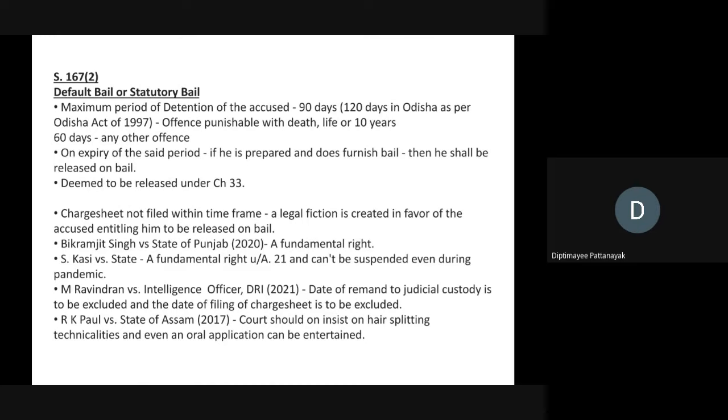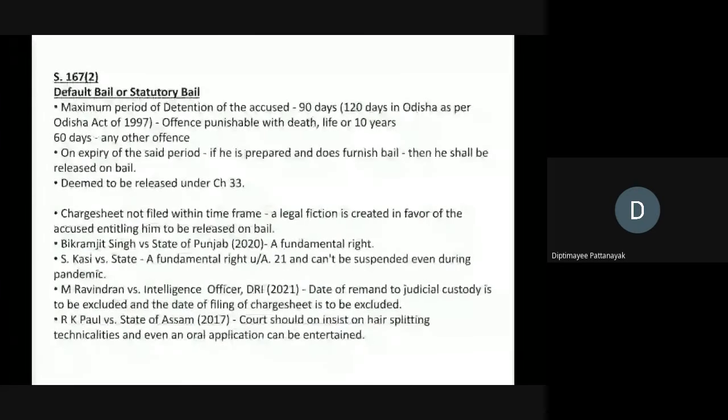One important question that always comes up while discussing section 167(2) is whether it is actually a statutory right or a fundamental right. If it is a statutory right, then it can be suspended during an emergency, or during the ongoing COVID pandemic, because certain rights can be curtailed, but a fundamental right cannot be curtailed during any emergency situation.